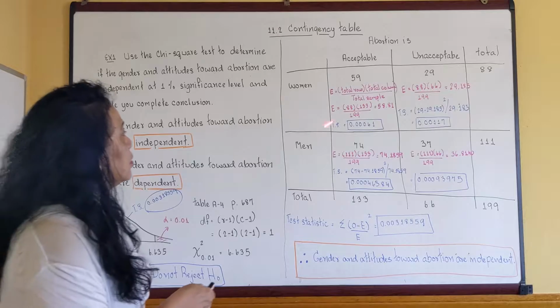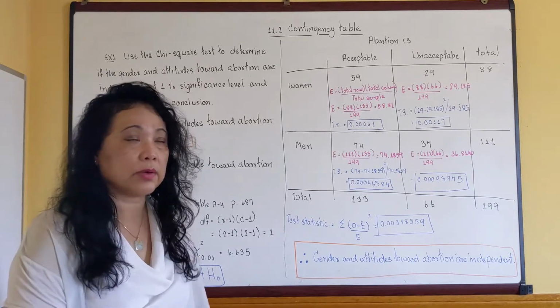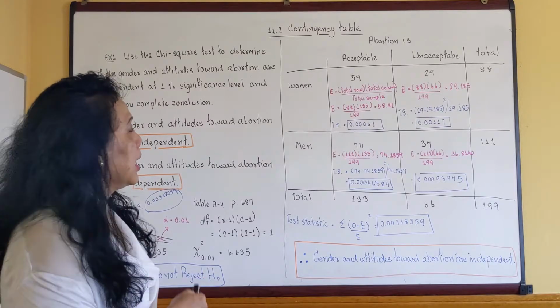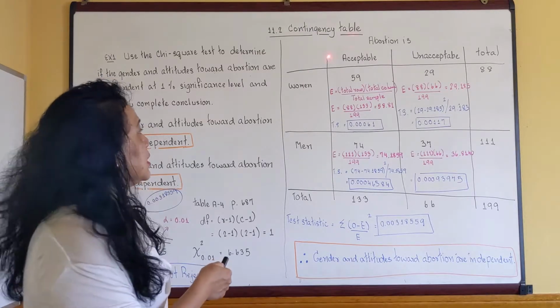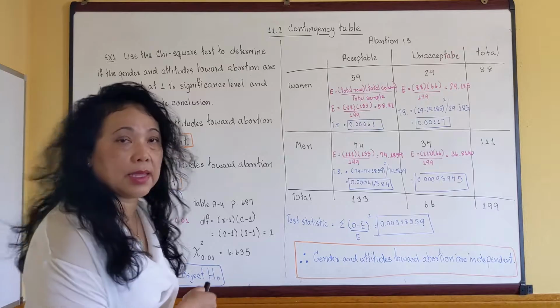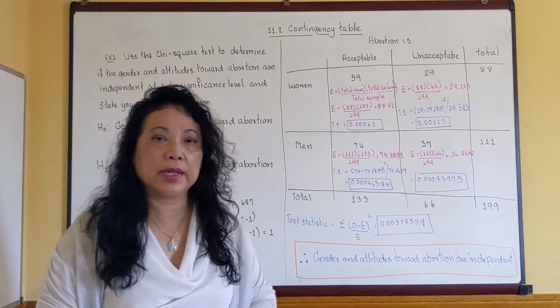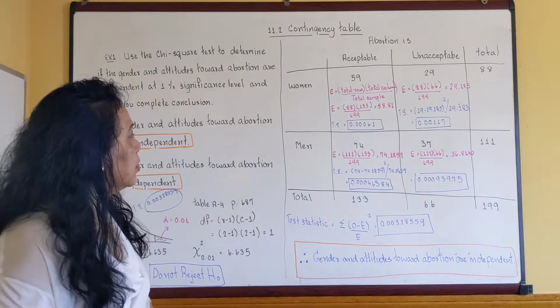So this is called a contingency table. It's a two-way table, because you have gender, in this case male and female, and then you have attitude, which is accept and not accept. You go out there and randomly ask males and females.